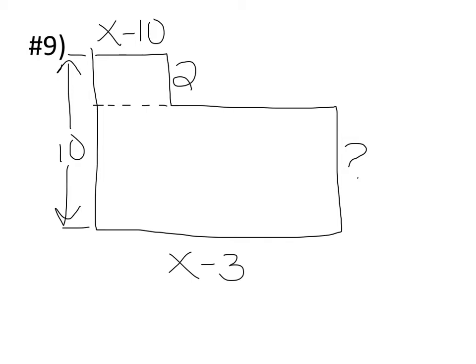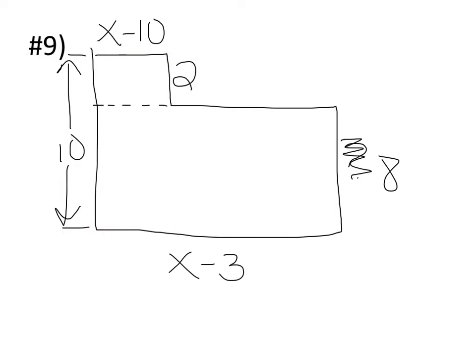In order to find the perimeter, we need to add up all the sides. So the first thing we need to do is figure out what this piece here is and what this piece here is. So in order to figure out this piece here, we're going to take this piece minus this piece. So 10 minus 2 is 8. So we can scribble this out. This piece here is 8. And same situation here. In order to get this piece, we're going to subtract this minus this.